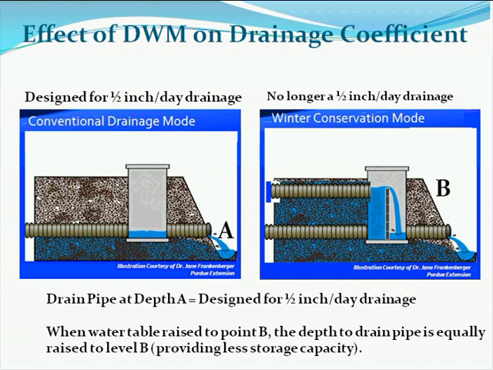That means when the water table is raised to point B, the depth to the drain pipe is equally raised to level B. That means you technically have less storage available, and that would increase the potential for greater runoff.